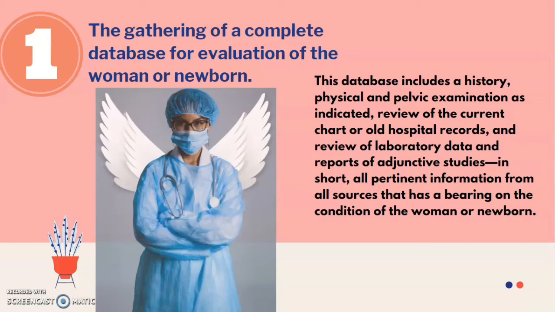This database includes a history, physical and pelvic examinations as indicated, review of the current chart or old hospital records, and review of laboratory data and reports of adjunctive studies. In short, all pertinent information from all sources that has a bearing on the condition of the woman and newborn.